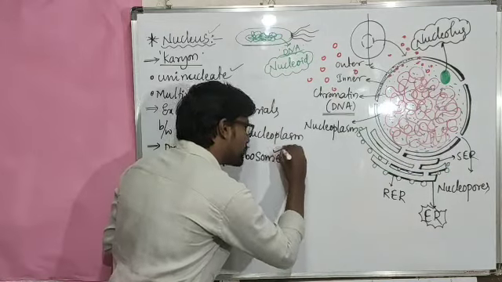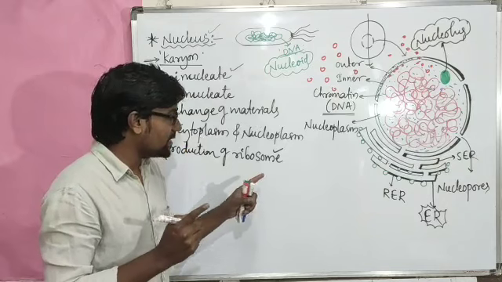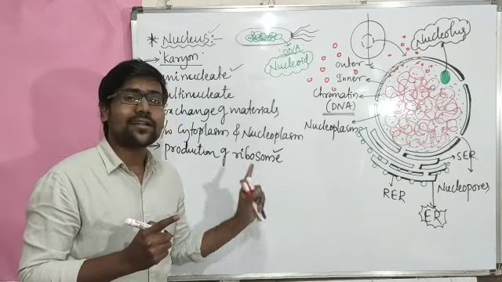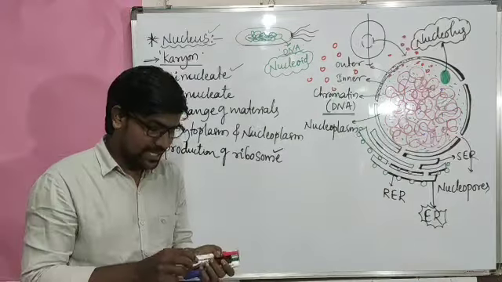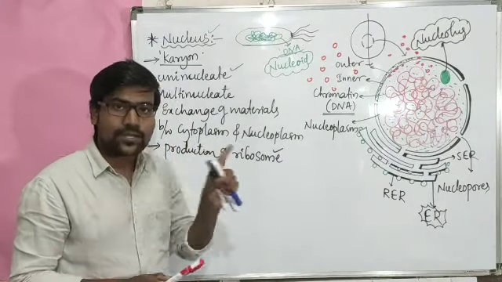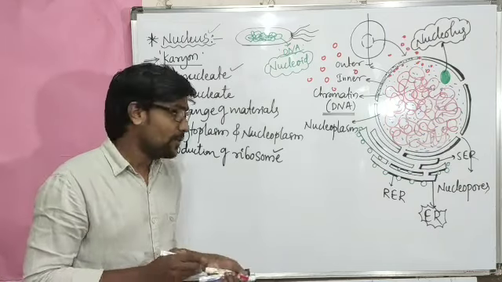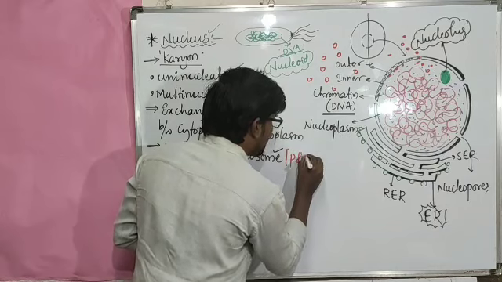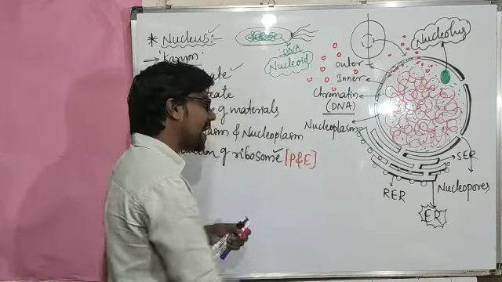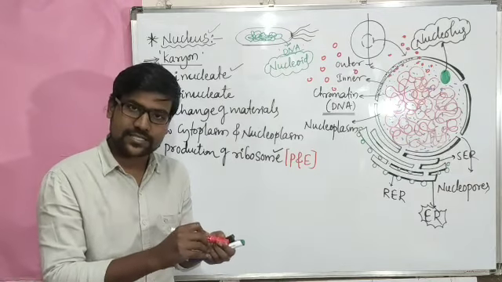Ribosomes are considered to be the protein factories. And one more speciality is that ribosomes are cell organelles which are not covered by any membranes. That means ribosomes are not part of the endomembrane system. And another speciality of ribosomes is that they are present in both prokaryotic and eukaryotic cells.